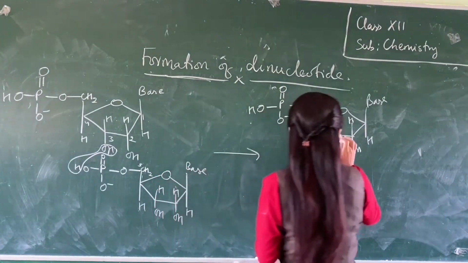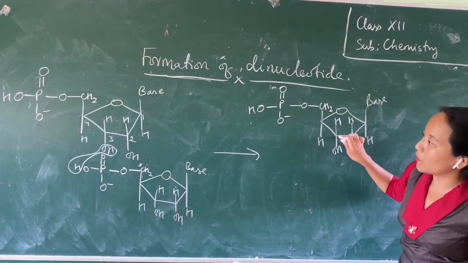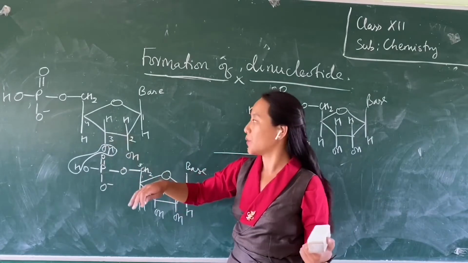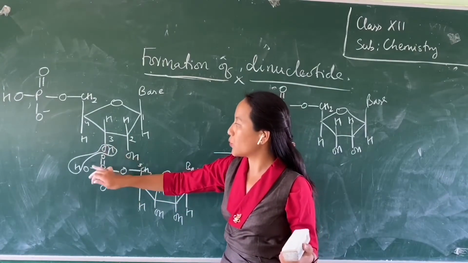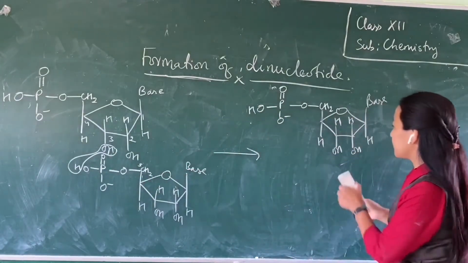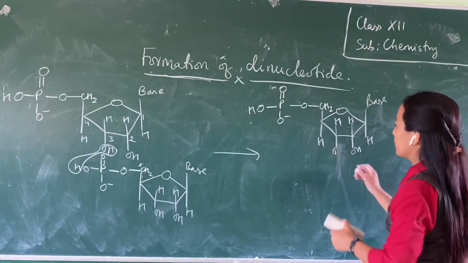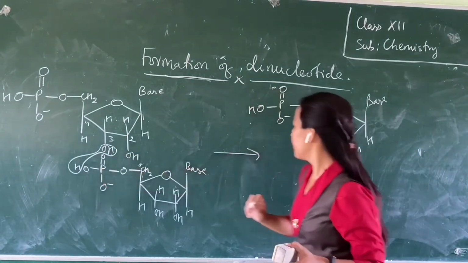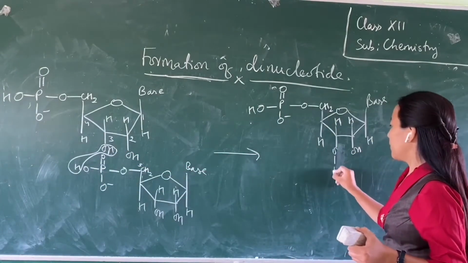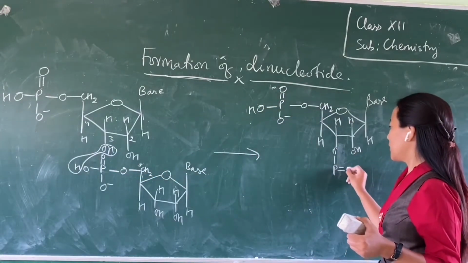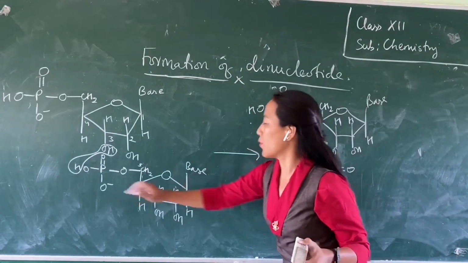Now this OH on the third carbon atom reacts with the OH of the phosphate group and a water molecule is removed, and these two are connected through this oxygen atom. So you will have this O connected to this P now, P, and this double bond O, which I'm going to write here, and then you have this O minus.